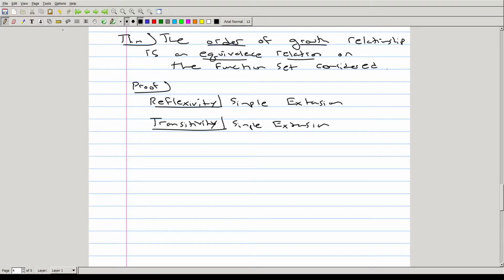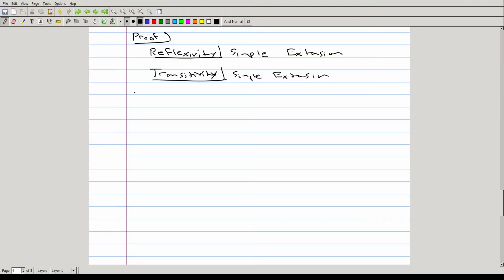But for symmetry, we might want to go through and actually prove this. Remember that the domination relation and the strict domination relation are not symmetric.